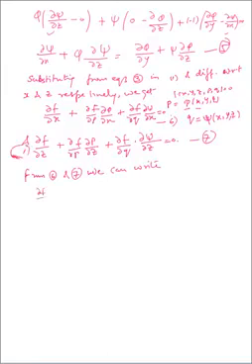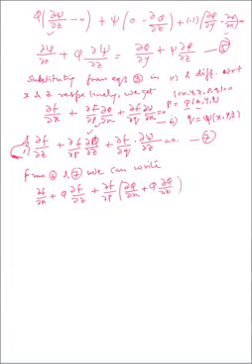So del f upon del x plus phi del f upon del z, plus del f upon del p taken common, gives del phi upon del x plus phi del phi upon del z, plus del f upon del q taken common gives del psi upon del x plus phi del psi upon del z, is equal to 0.